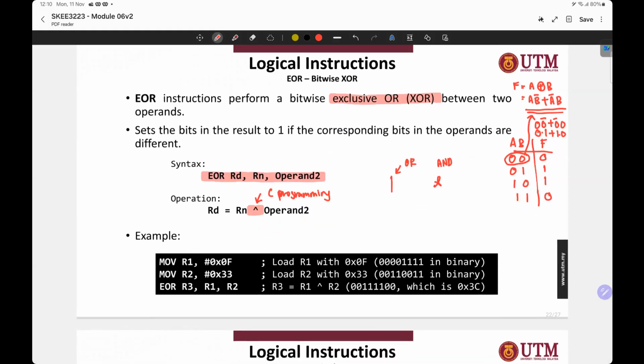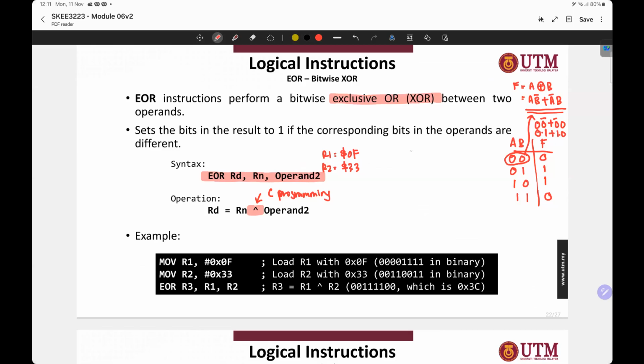Now we're going to look at these examples. R1 is 0F, and R2 is 33. Again, for the logical instructions, it is better to change to binary representation. After you change to binary, you do the logical operation, get the result, and change back to hexadecimal.